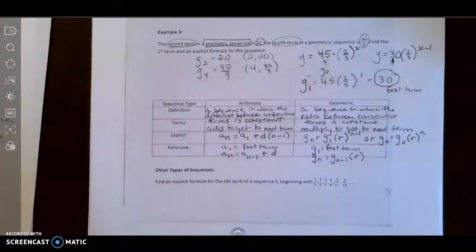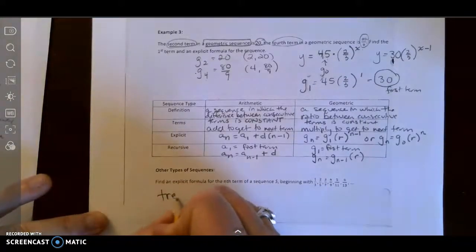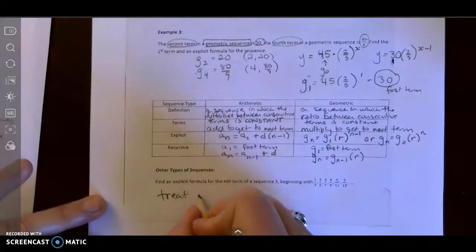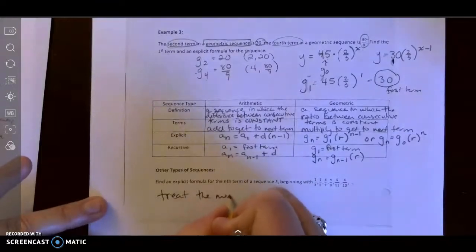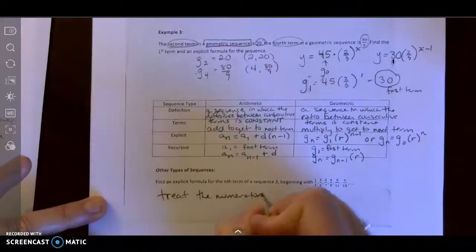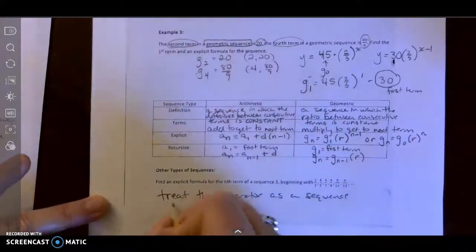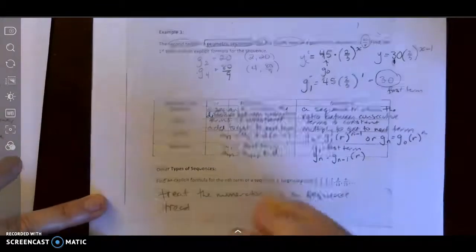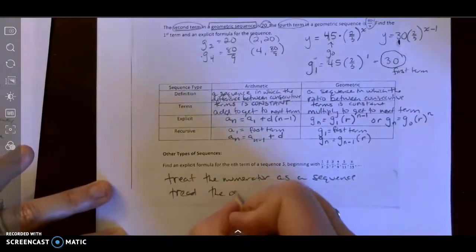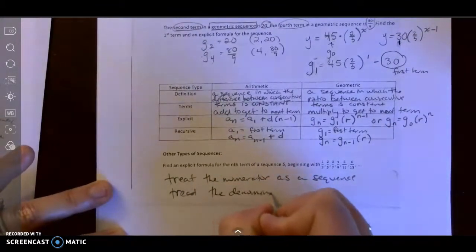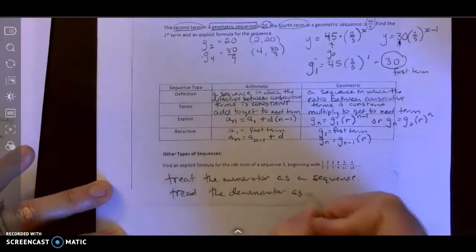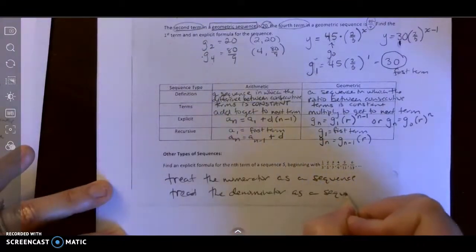Treat the numerator and denominator as separate sequences. So treat the numerator as a sequence and treat the denominator as a sequence.